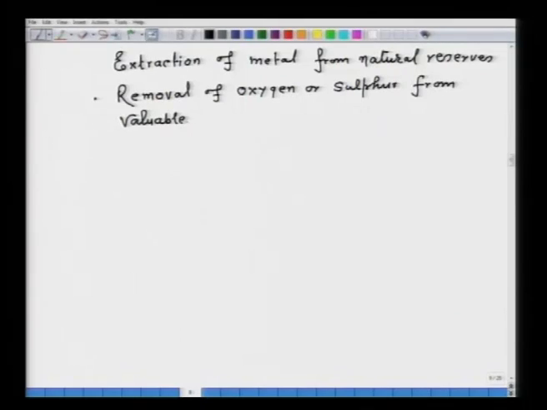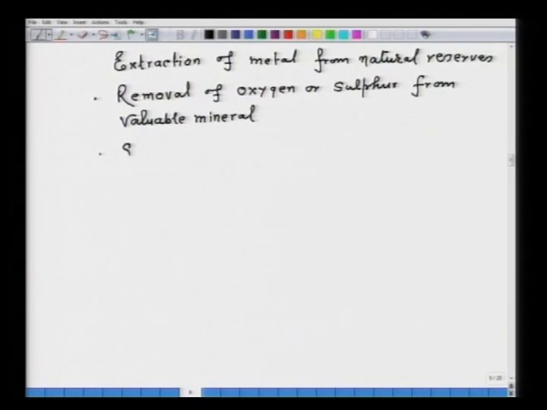This is the first step in processing the natural reserve in order to get the metal.